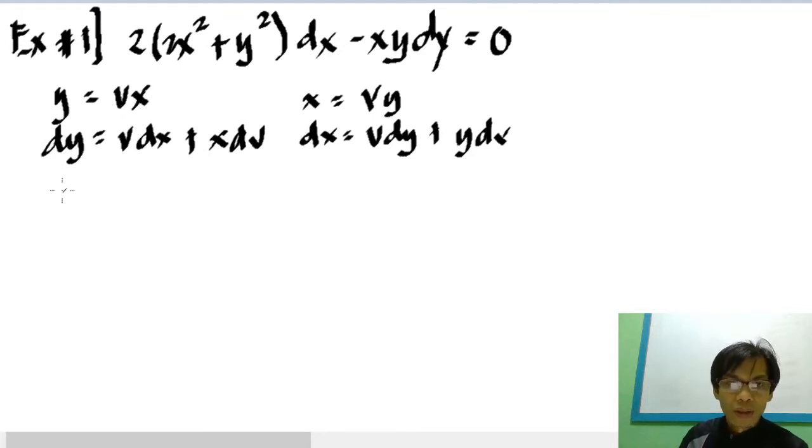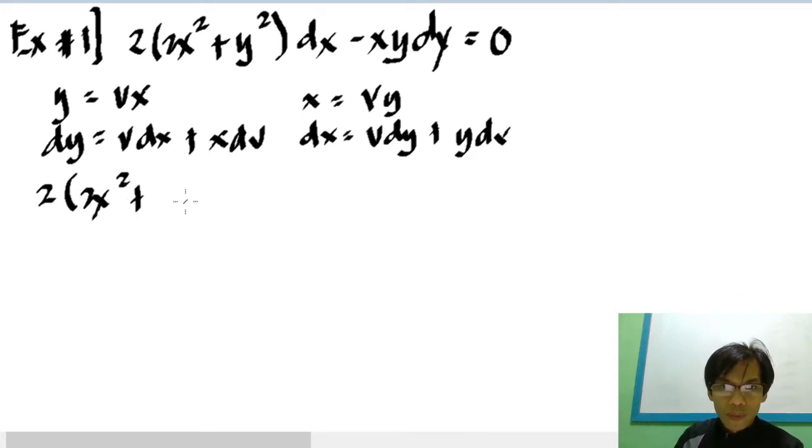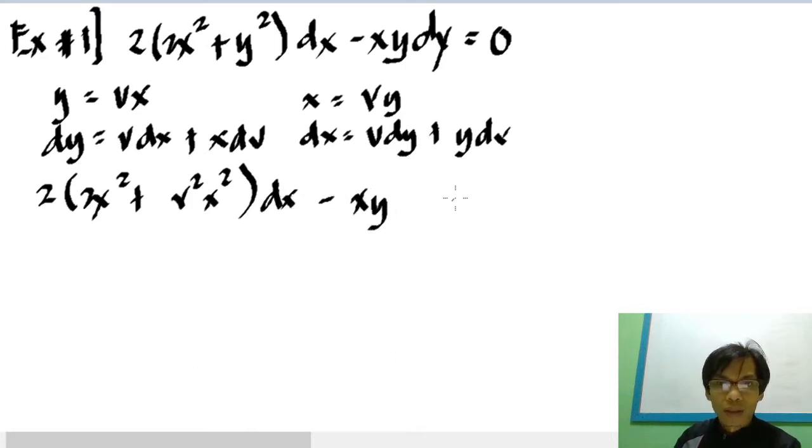Then let's proceed. So we have to substitute y in the problem. So we have 2, okay, 2x squared plus, what is our y? We substitute it. So we have v squared multiplied by x squared, and then dx minus xy, and then what is our dy?